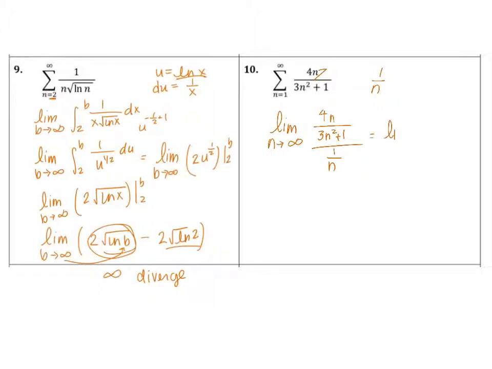So that's going to give us the limit as n approaches infinity of 4n squared over 3n squared plus 1. That limit is 4/3, which is finite and positive. So this is going to do what this does, and therefore this will diverge by the limit comparison test.